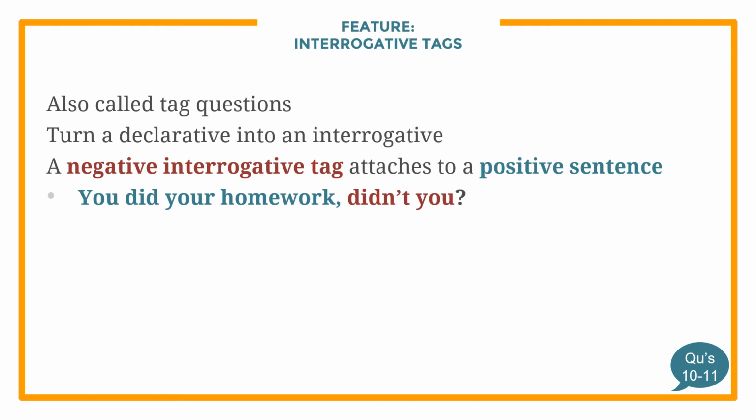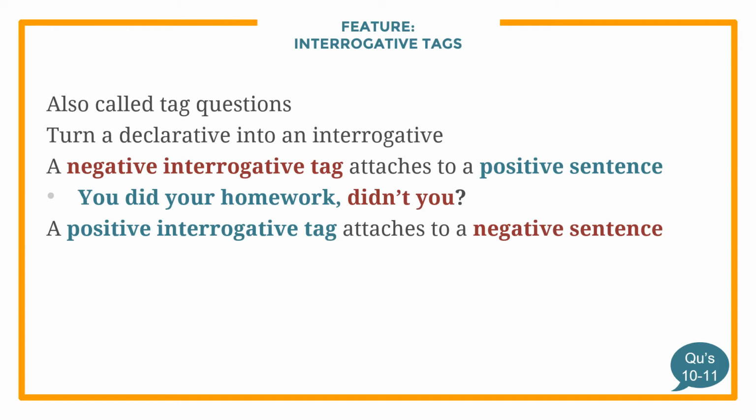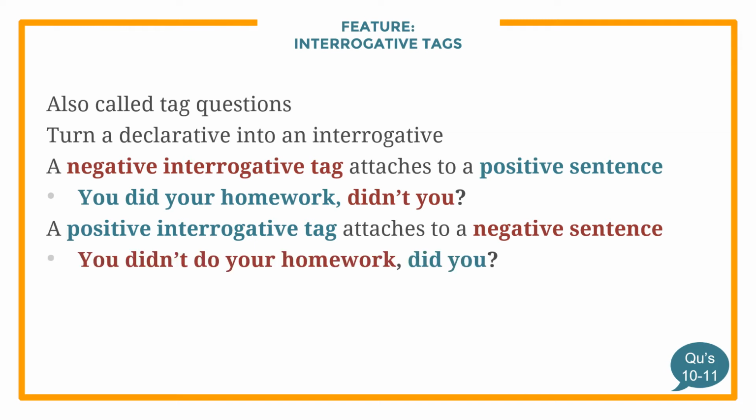We can also do it the other way around, and we can have a positive interrogative tag attaching to a negative sentence. So if I think that you haven't done your homework, I might say, you didn't do your homework, did you? So the original declarative, you didn't do your homework, that's negative.